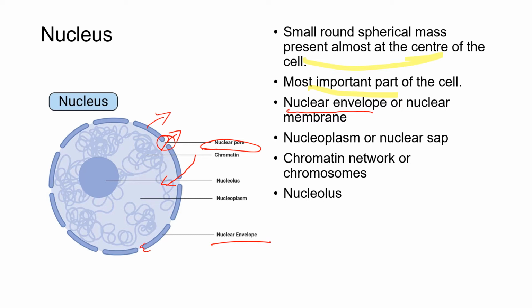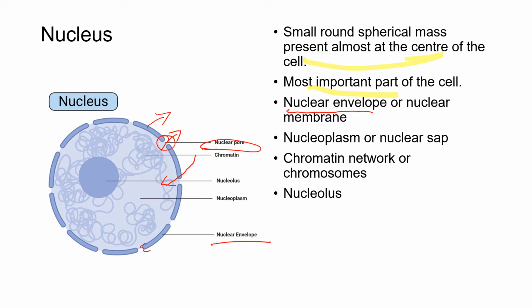So this is a part of the nuclear envelope. Within the envelope we find small pores, and they help us control the passage of things moving inside the nucleus or moving outside the nucleus. So that is vice versa.